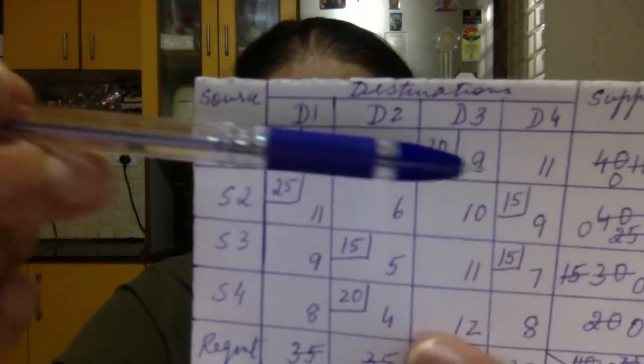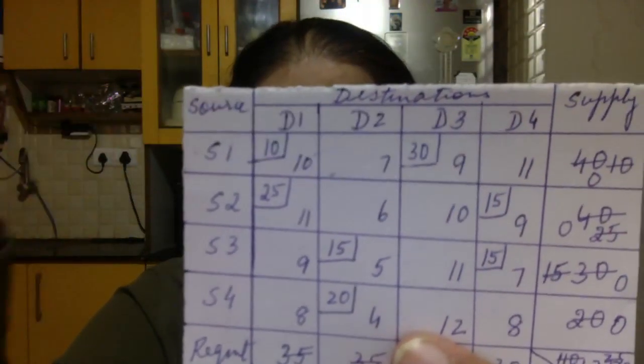Okay. Next one. This is over. We'll go row wise. S1 D4, and that is 11.